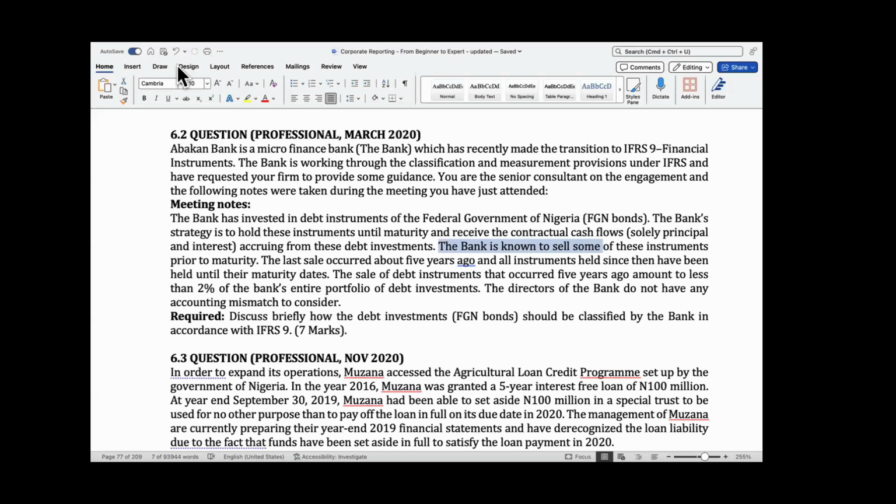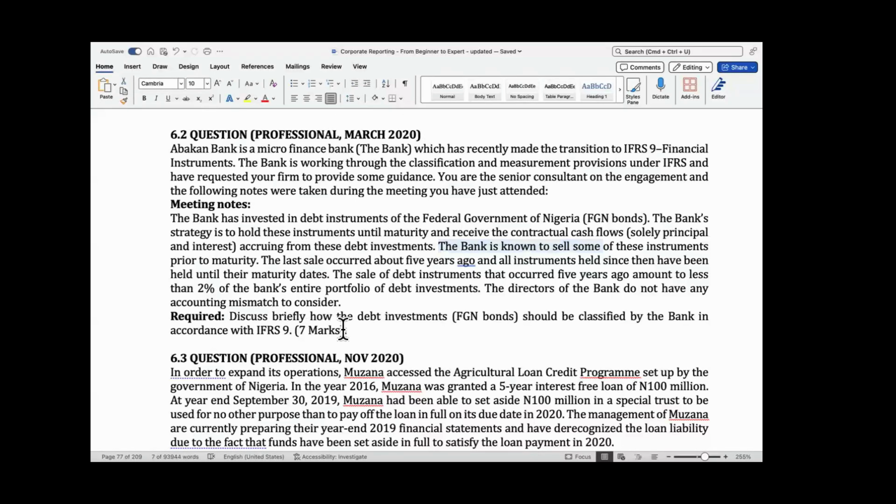Although it is a financial asset and a debt investment, we have to classify it at fair value through OCI because they have a history of selling. They can sell again. So the fact that they said their strategy is to hold to maturity, but they sold, for that reason, classify it at fair value through OCI.